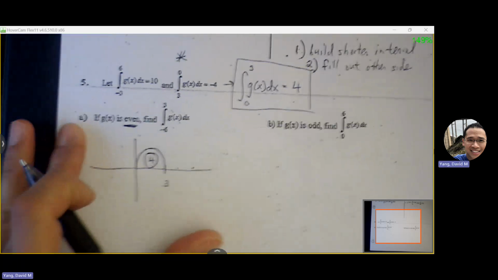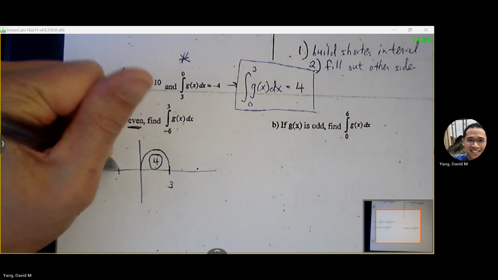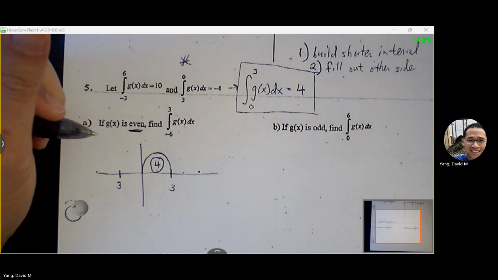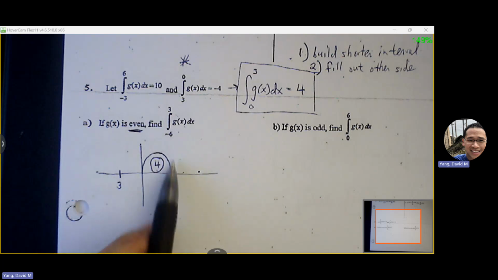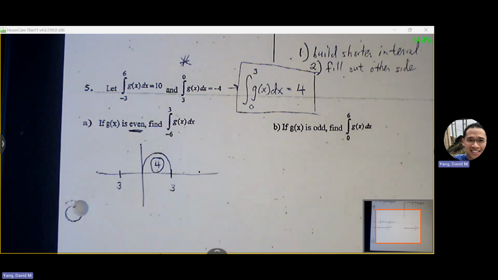What do I know about the other side? Also what? Even function. This side is 4. This side is the 4, or is it -4? 4, yeah.